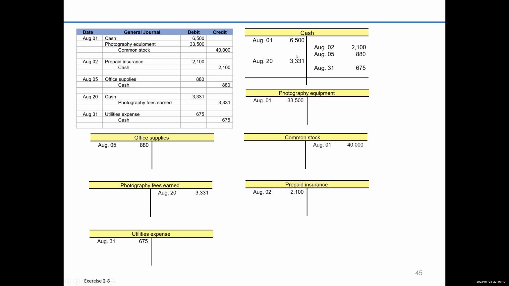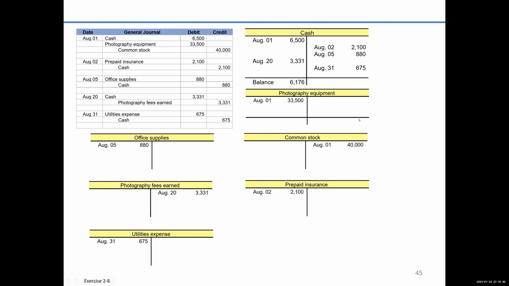That's our money coming in, but then we have to subtract the money going out, minus 2,100, minus 880, minus 675, and our ending cash balance is 6,176.